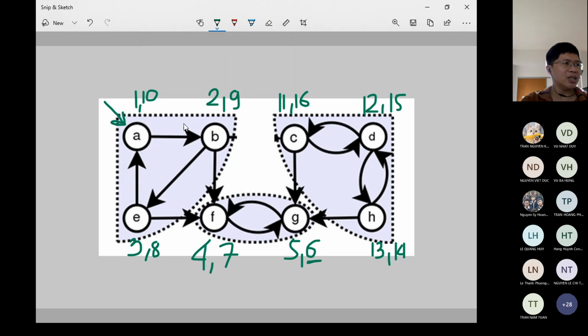Like this. I invert the direction like this. So here, in the opposite direction.